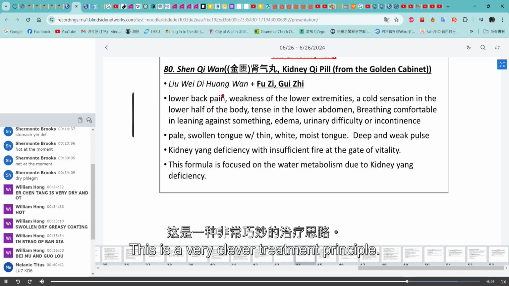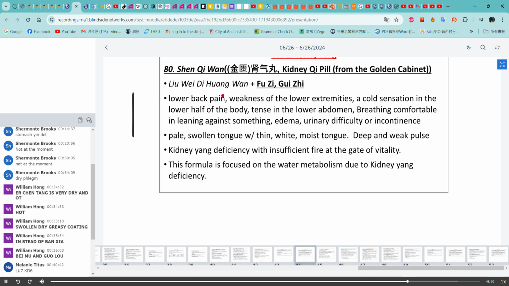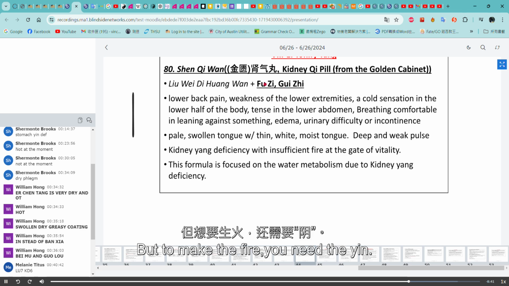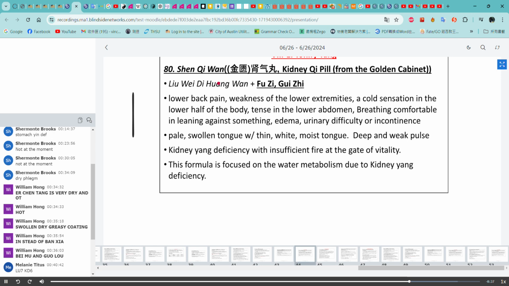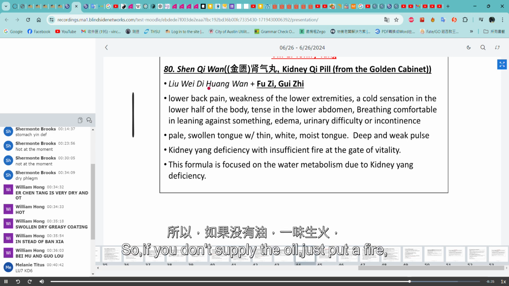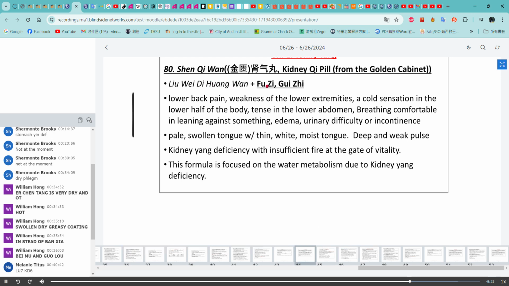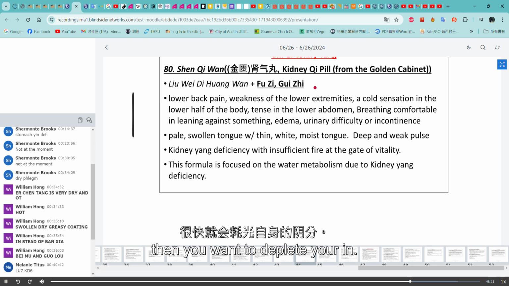The treatment principle is that this is fire, right? Fuzi and Guizhi, they put up a fire. But to make the fire, you need the yin, right? You need the oil. So if you don't supply the oil, just put a fire, then you're going to deplete your yin.